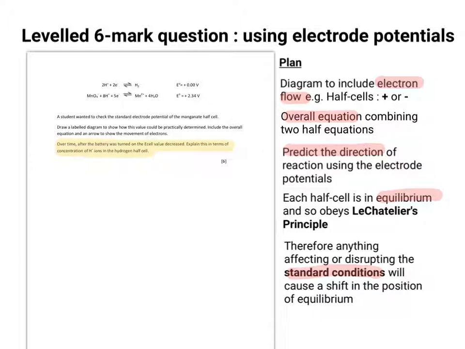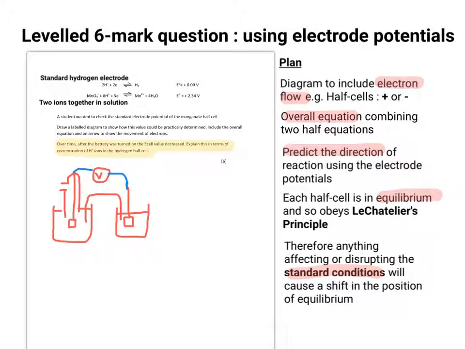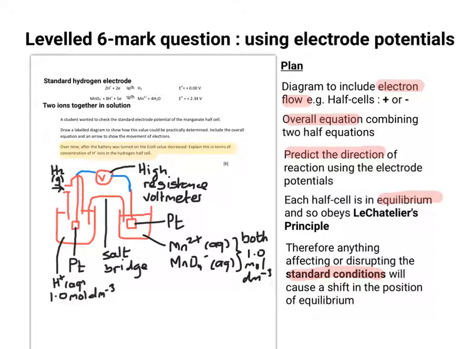So we have to do a diagram of each of the half cells. We've got the basics in place: our platinum electrodes, our salt bridge, high resistance voltmeter, our solution of H+ ions, 1 mole per decimeter to the -3, and our two ions on the right hand side, both of them 1 mole per decimeter to the -3.